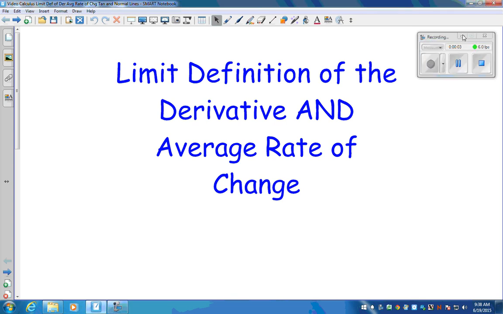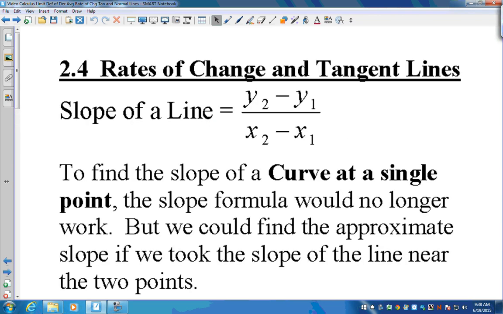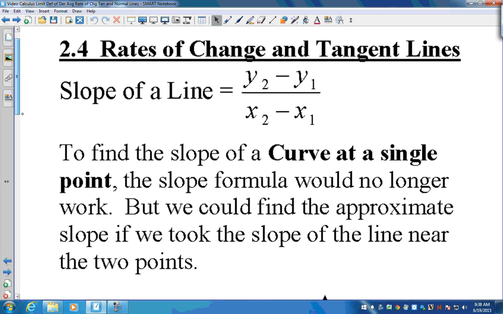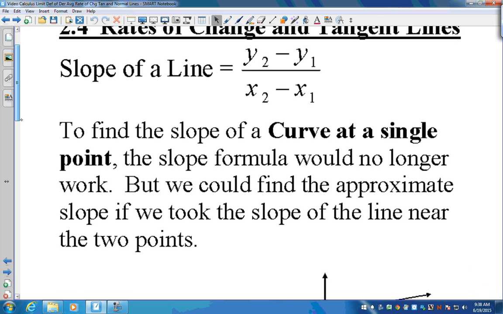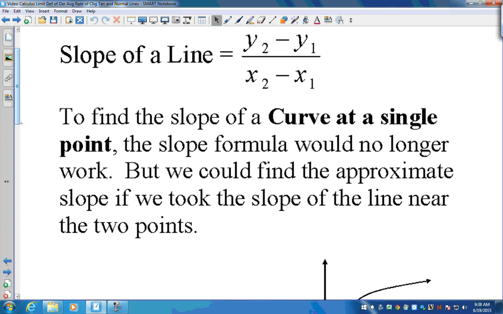Okay, so let's take a look at the limit definition of the derivative and average rate of change. Any rate of change deals with the slope, right? So I've got the slope formula there, y2 minus y1 over x2 minus x1.